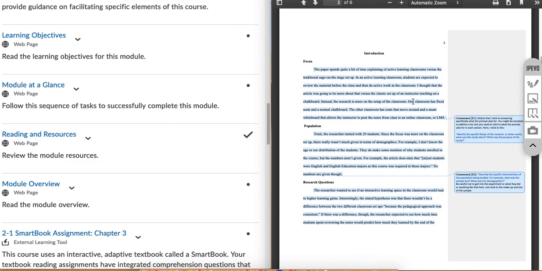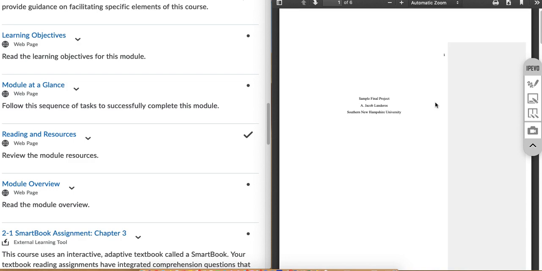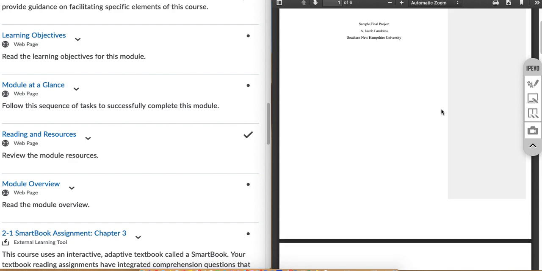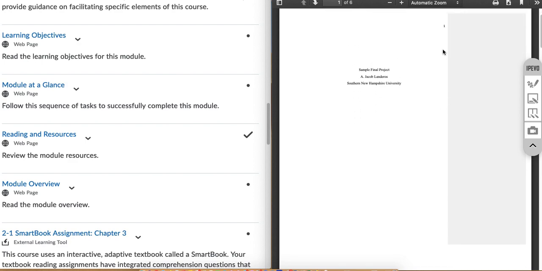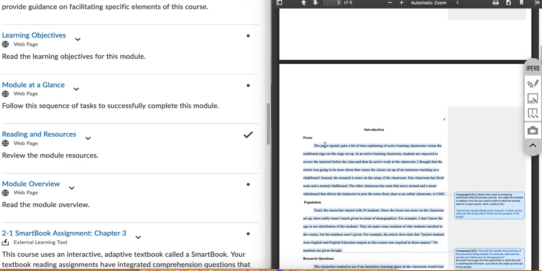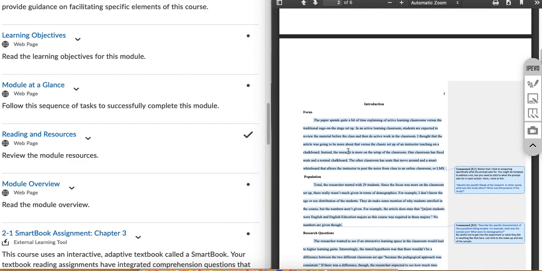And so when I do that, you can see over here on the right, here's a sample student paper. And you notice they have a title page, and you have to have that and the page number. And here you'll notice that here's the introduction, and you will have the prompt.